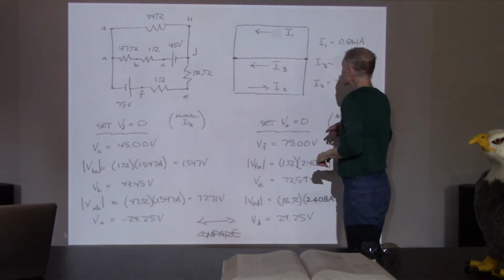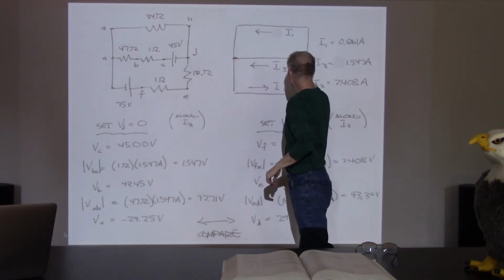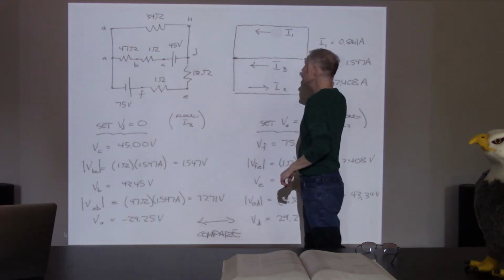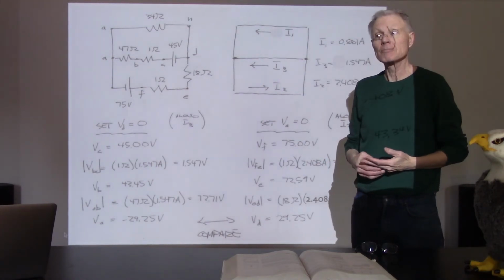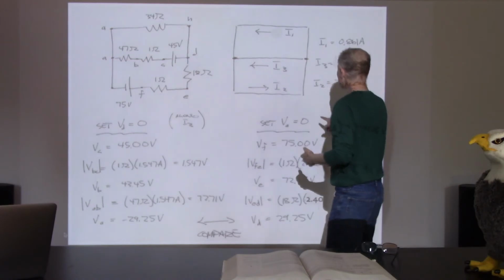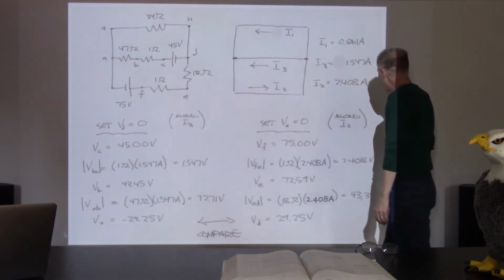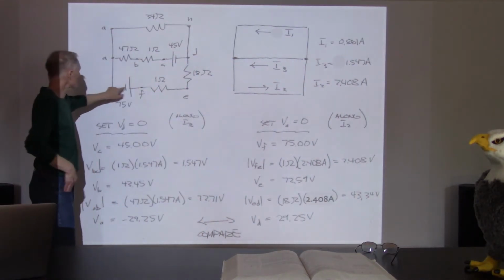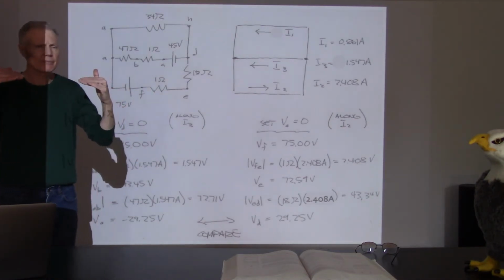Now, just for comparison, we could pick one of the other paths. So I came back, started here, and instead of going back through the middle, I went around this path to see what the voltages should add up to. If we've done everything correctly, the voltage is a better match. So I started at point A. I set a new 0 point. I'm allowed to do that. First of all, I'm going to pass through this battery. That battery is going to give me a boost of 75 volts.